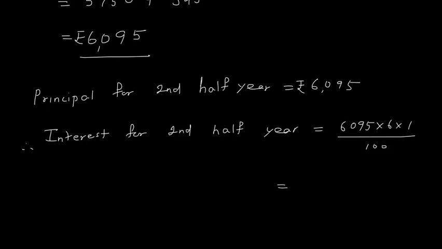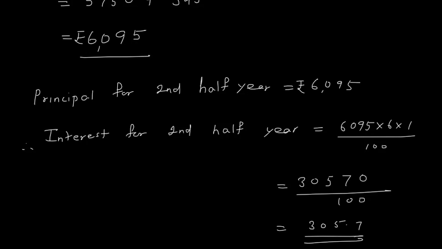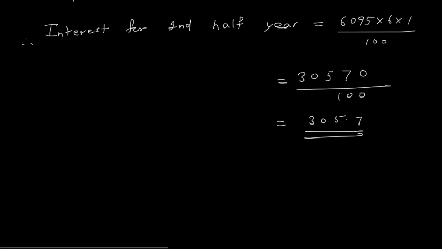So 6 5s are 30, 3 6 9s are 54, 54 plus 3 is 57, 5. So 6 into 0 is 0, plus 5 is 5, and 6 5s are 30. Divide by 100. So this is 365.70. Now this is interest for second half year.